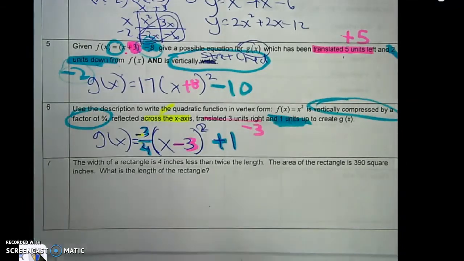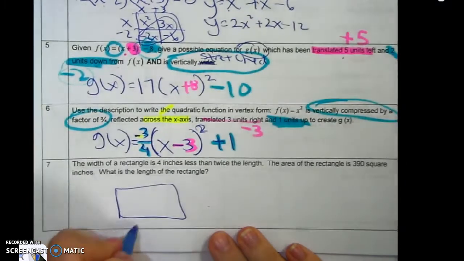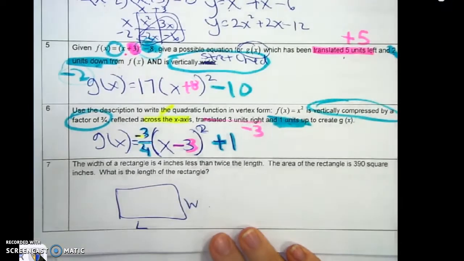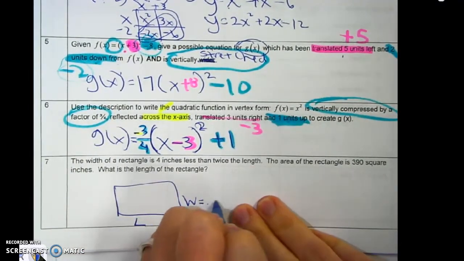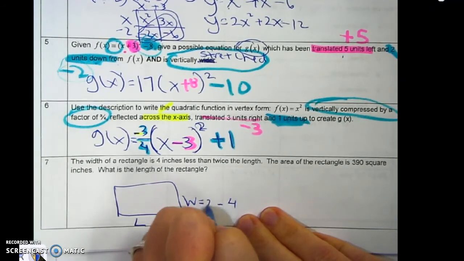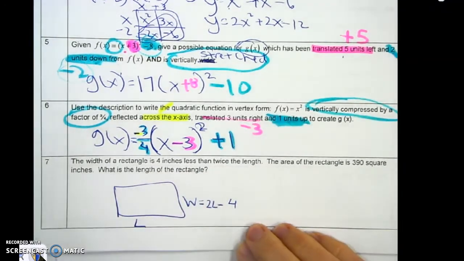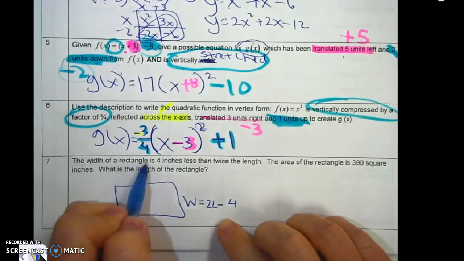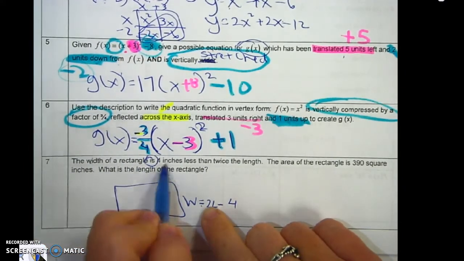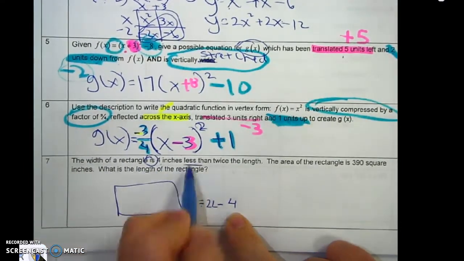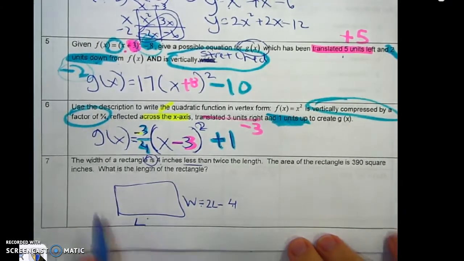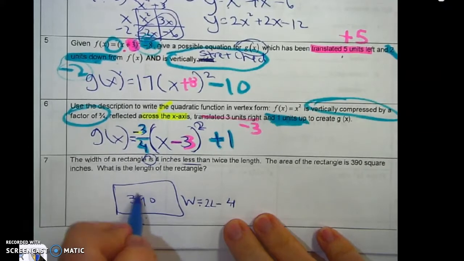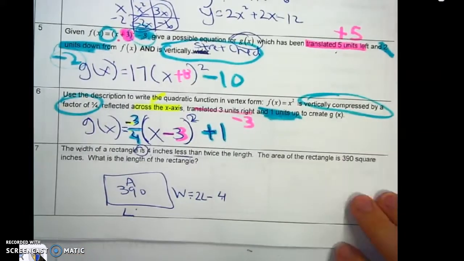Okay. The width of a rectangle, so you've got length and width. Doesn't matter which one's width. Is 4 inches less than twice the length. So the width is in math means equal. 4 inches less, whenever it's less than, it goes in the back, then twice the width. The area is 390. What is the length of the triangle?